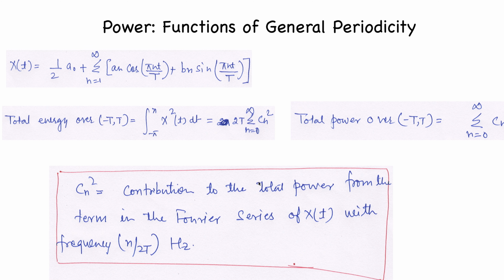And this we can apply to functions of general periodicity, because the previous case was a function of 2 pi periodicity.